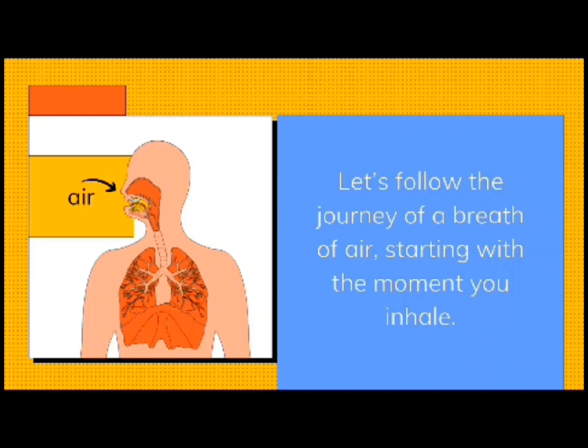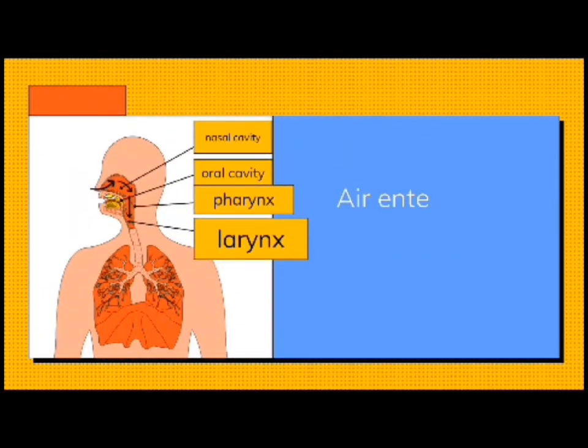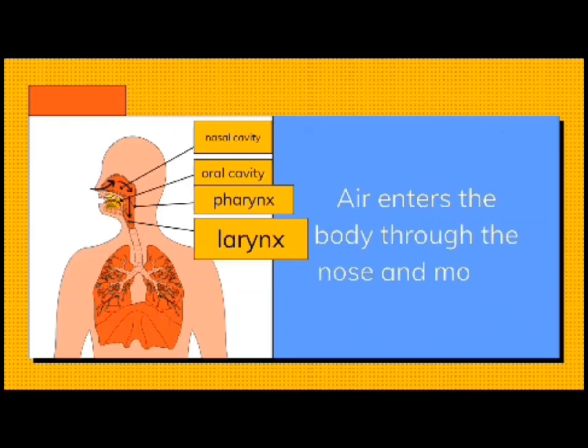When you breathe, air enters the body through the nose and the mouth, where it is filtered and warmed. I tried to show some part of the respiratory system on the figure on the left side.